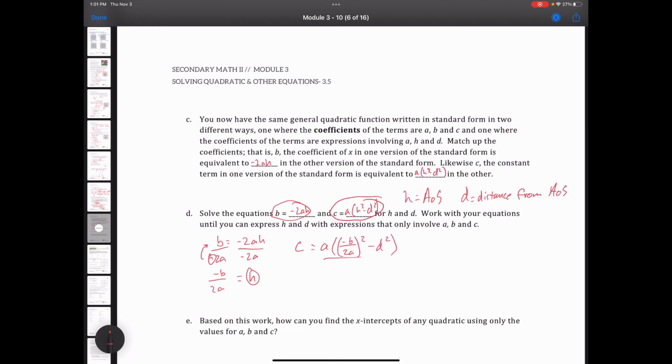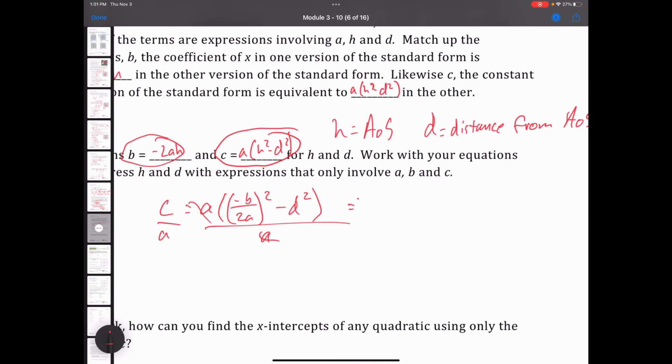To solve this, I divide both sides by a, which cancels off over here, and I get c over a is equal to (negative b over 2a) all squared minus d squared.